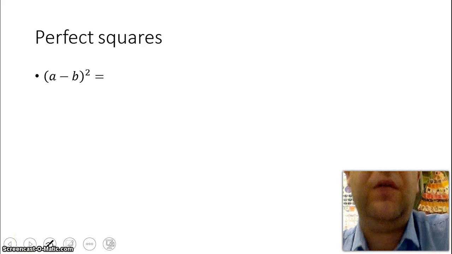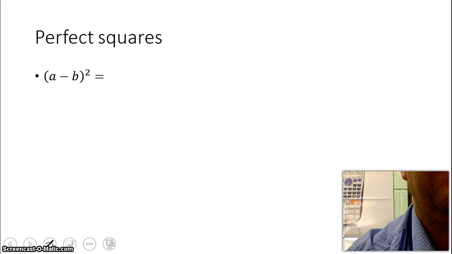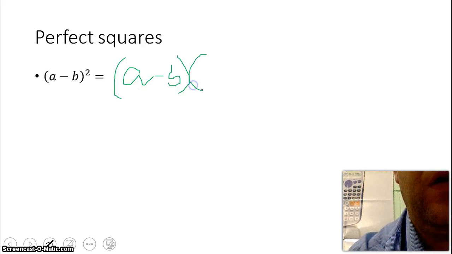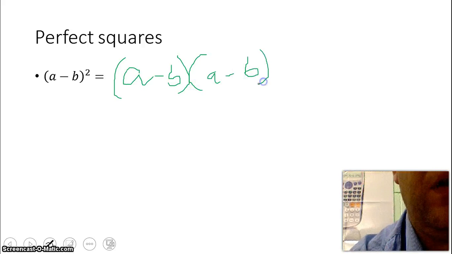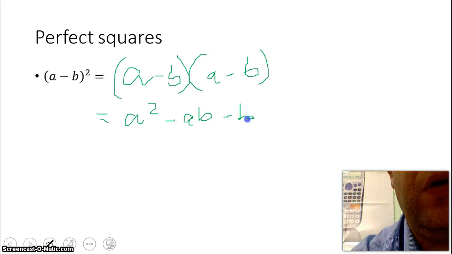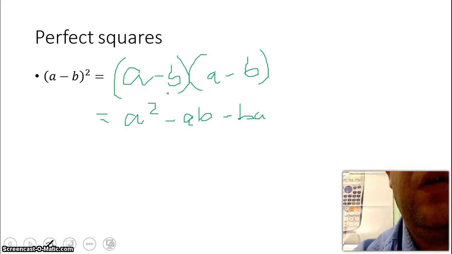We also have negative perfect squares, so that's (A minus B)(A minus B). When we expand, A times A is A squared, A times minus B is minus AB, minus B times A is minus BA, and minus B times minus B is plus B squared.